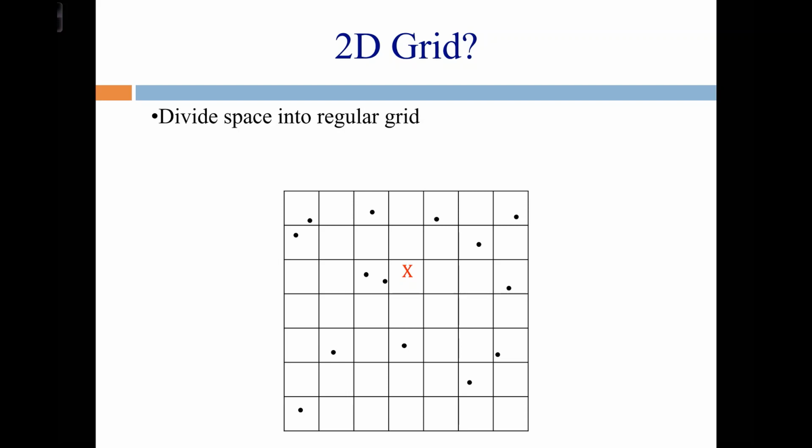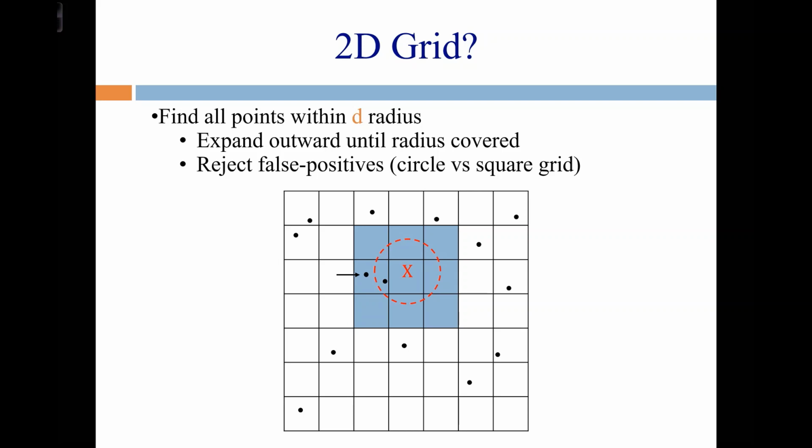So the two different questions we might want to ask: everything within a radius and k nearest neighbors. If we did everything within a radius, this is actually pretty straightforward. You just expand in a square way until your square contains the entire radius.